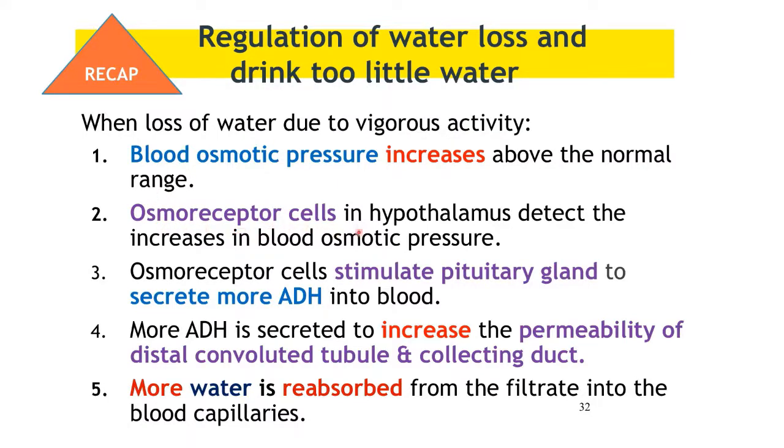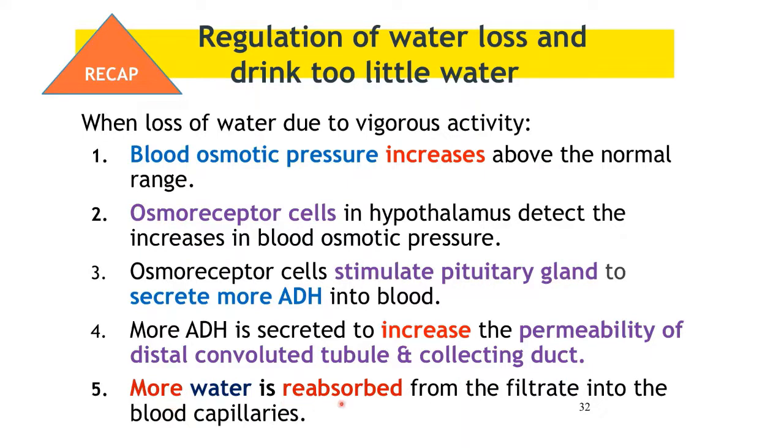Osmoreceptor cells in hypothalamus detect the increases in blood osmotic pressure. Osmoreceptor cells stimulate pituitary gland to secrete more ADH into blood. More ADH is secreted to increase the permeability of distal convoluted tubule and collecting duct.